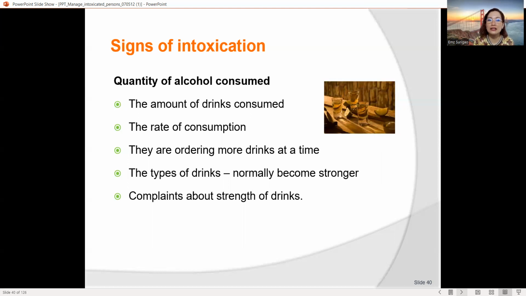Quantity of alcohol consumed: the amount of drinks, how many glasses or bottles they have consumed, and the rate of consumption. They are ordering more drinks at a time. The type of drinks normally becomes stronger. Complaints about the strength of drinks.